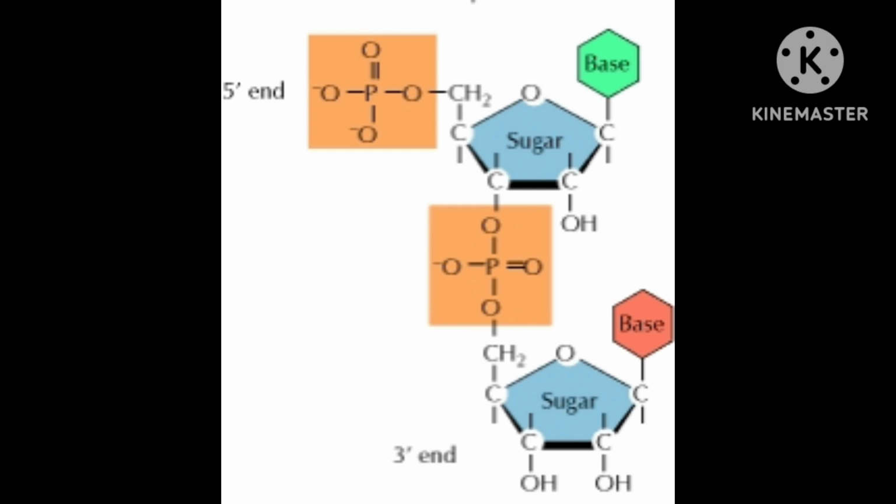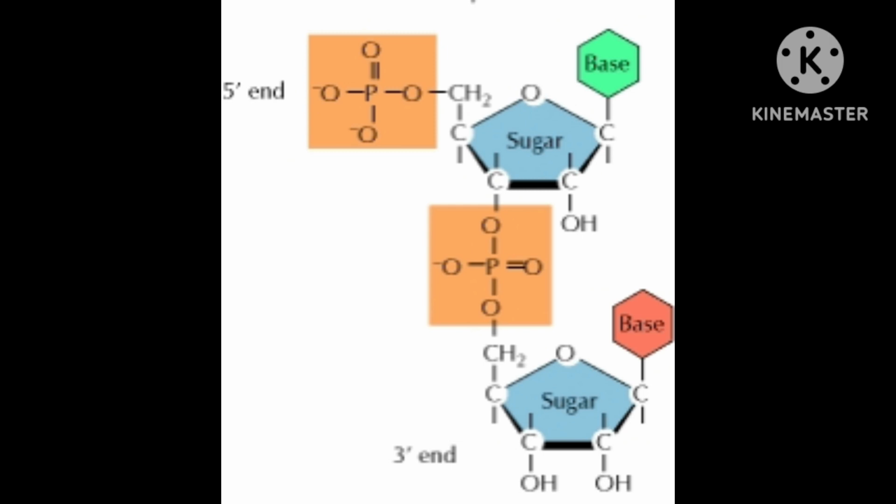Information regarding the sequence of nucleotides. Now here one thing you have to understand, that the base may be different, not the same base, but all may join, because they are joined with the sugar. Then the base may differ, 5 bases are there. Then what is the sequence of the bases? Every nucleotide may have different bases. Then what is their sequence?